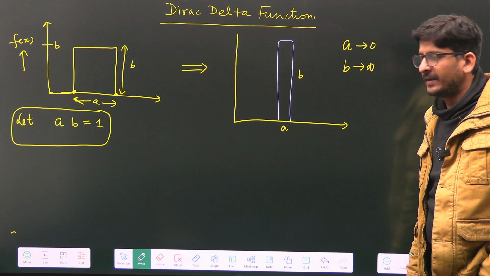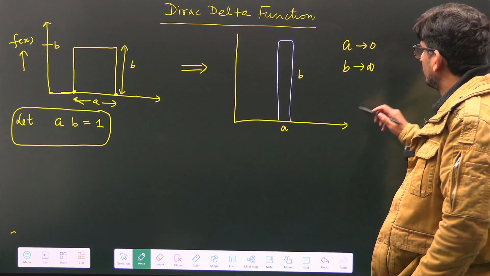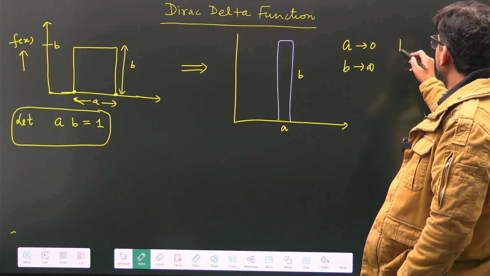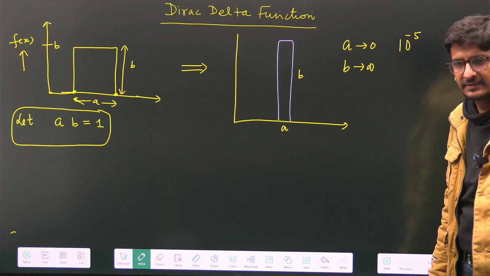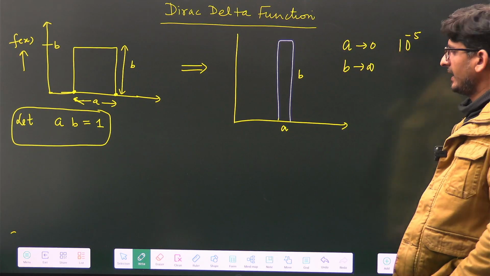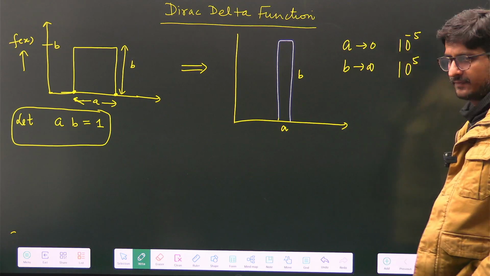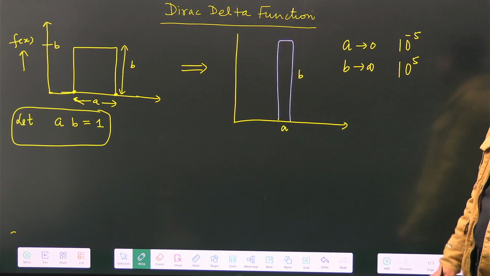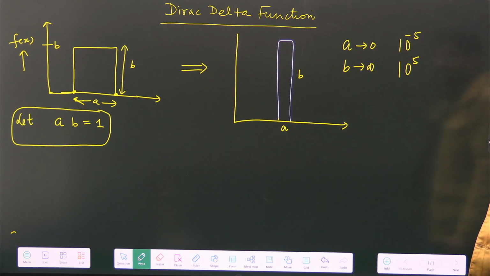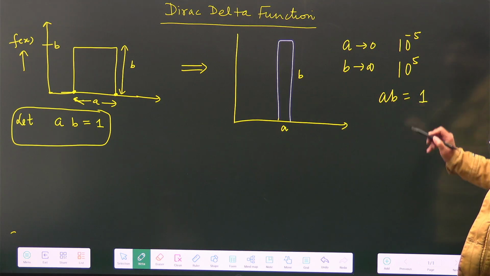Now let me explain mathematically what is very small. I can say that a is suppose 10 to the power minus 5. This is a very, very small quantity. Then b will become 10 to the power 5. So if you multiply a and b, you still get 1.